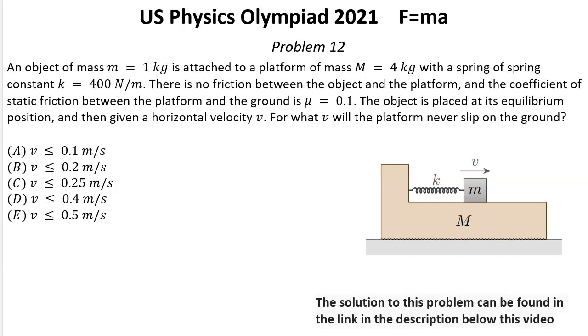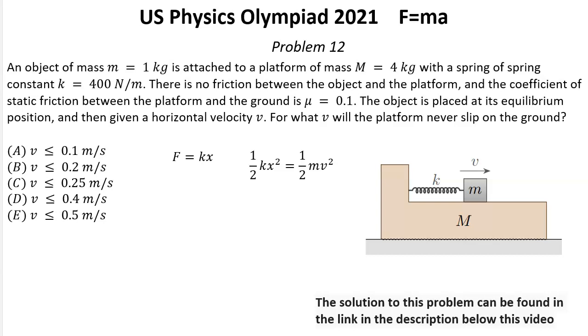Solution for problem number 12. First, let's count what is the force acting on the platform. That will be kx, where x is displacement. This displacement could be found from energy conservation.